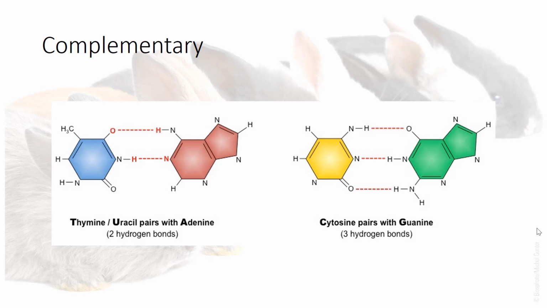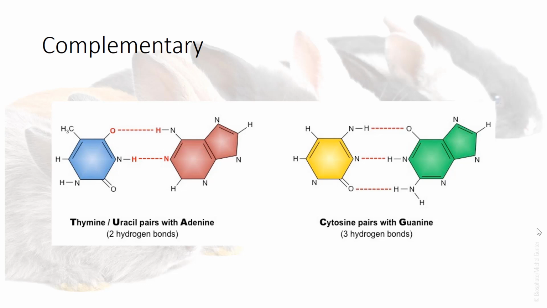And so thymine will always bond with adenine because they are shaped correctly and have the correct chemistry to form hydrogen bonds. And the thymine adenine pair forms 2 hydrogen bonds. The guanine cytosine pair forms 3 hydrogen bonds.